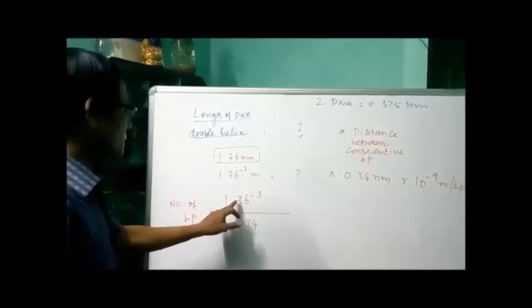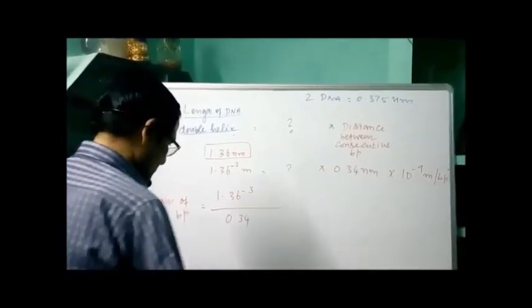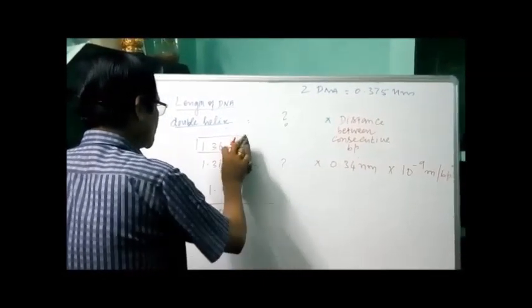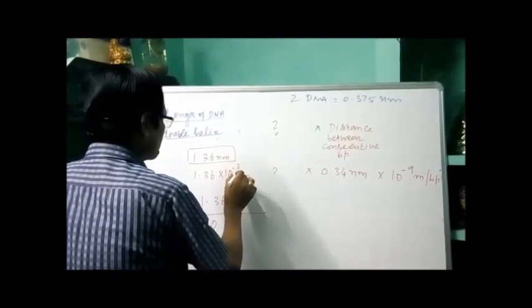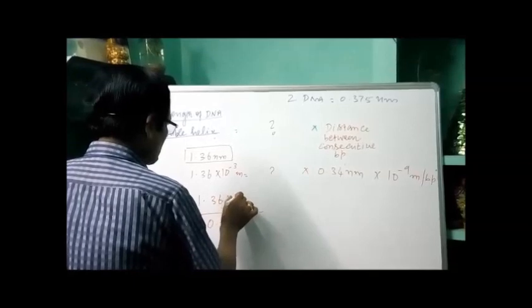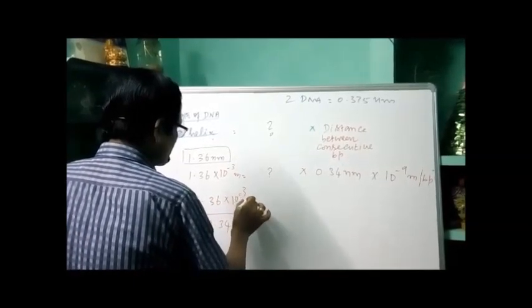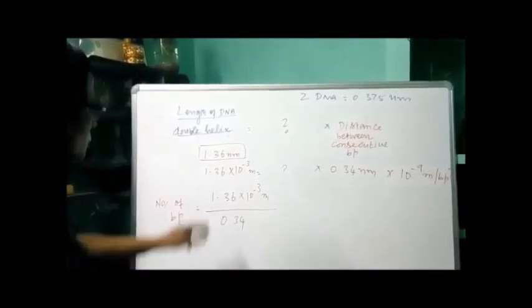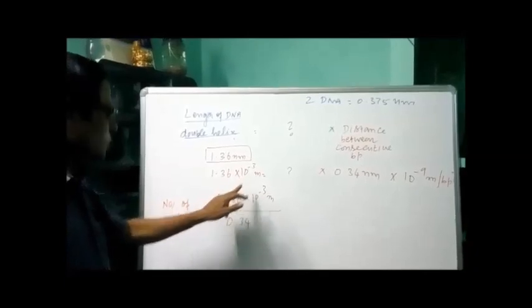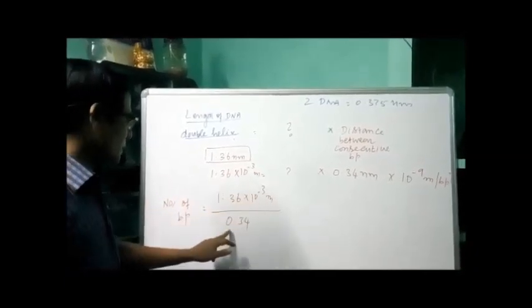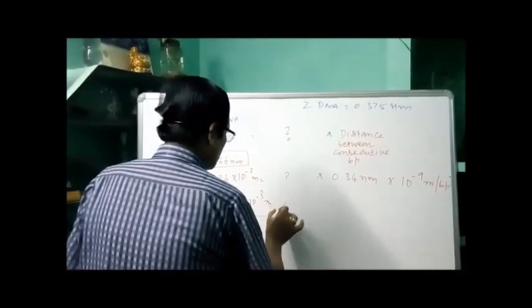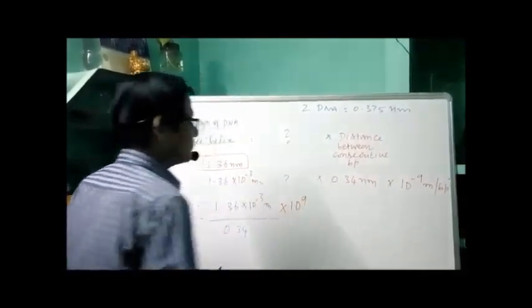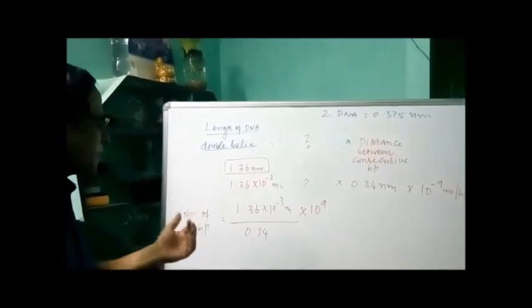So 1.36 × 10^-3 meter, I am converting this into meters. Now the 0.34 value, then we have 10^9. We are bringing this sign.